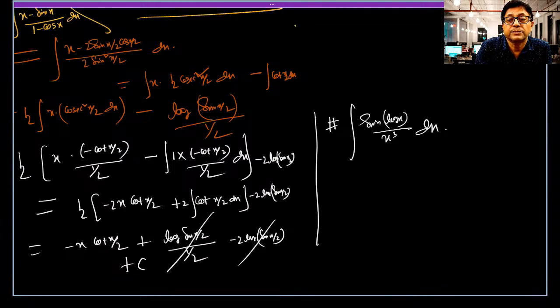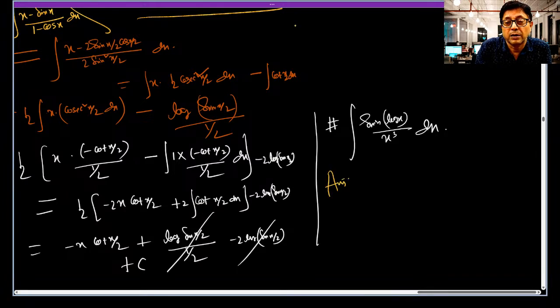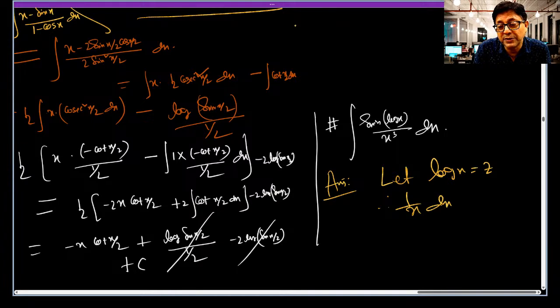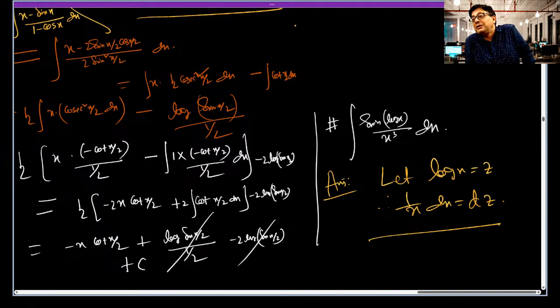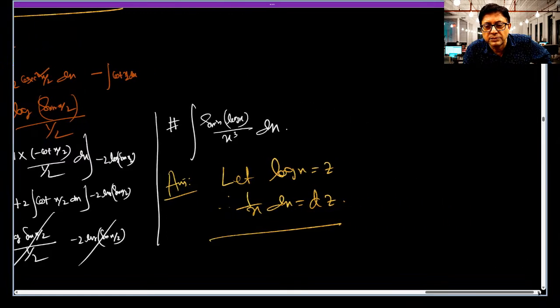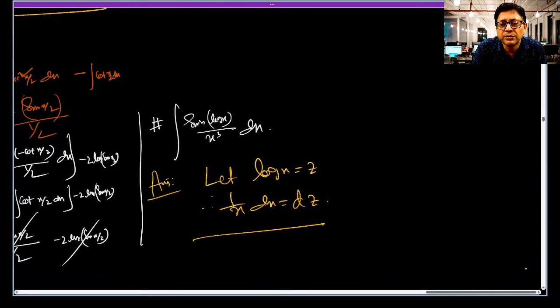So let log x equal to z. If you differentiate, 1 by x dx should be dz, isn't it? Now the integrand will be what?